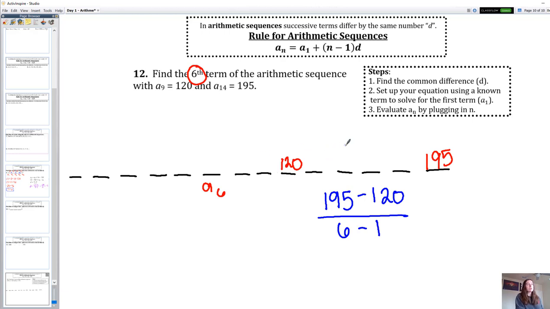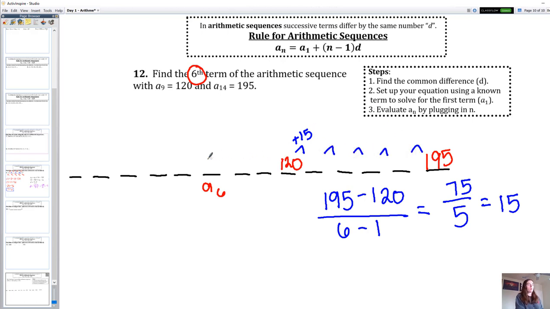It took 6 terms to get from 120 to 195, and remember it's supposed to be minus 1. So then when we do that, 195 minus 120 is 75 over 6 minus 1 is 5, and 75 over 5 is 15. So that means between each term, we are adding 15.